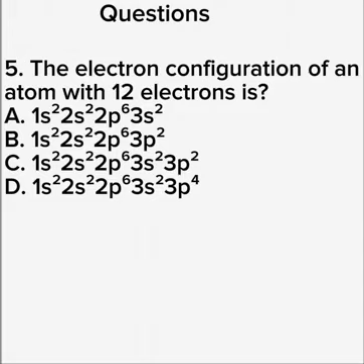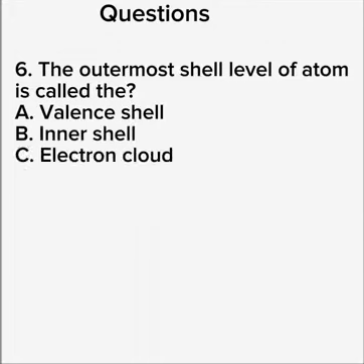C. 1s superscript 2, 2s superscript 2, 2p, 3s superscript 2, 3p superscript 2. D. 1s superscript 2, 2s superscript 2, 2p, 3s superscript 2, 3p. The correct answer is option A, 1s superscript 2, 2s superscript 2, 2p, 3s superscript 2.